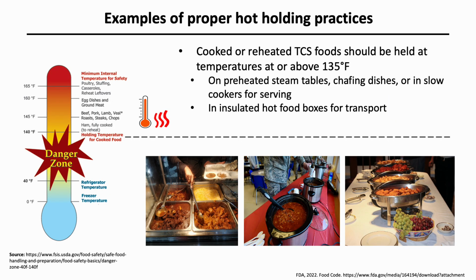For proper hot holding practices, cooked or reheated TCS foods should be held at temperatures at or above 135 Fahrenheit to prevent B. cereus growth. This can be done by placing cooked or reheated food on preheated tables, chafing dishes, or in slow cookers while serving, or by transporting food to different locations in the establishments via insulated hot food boxes.